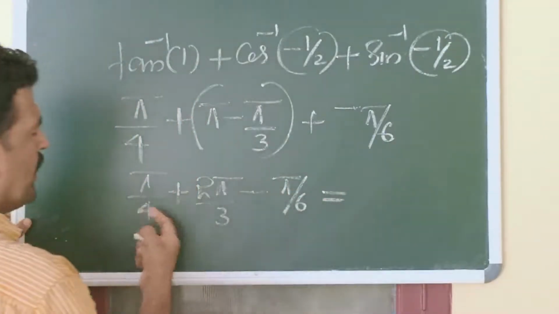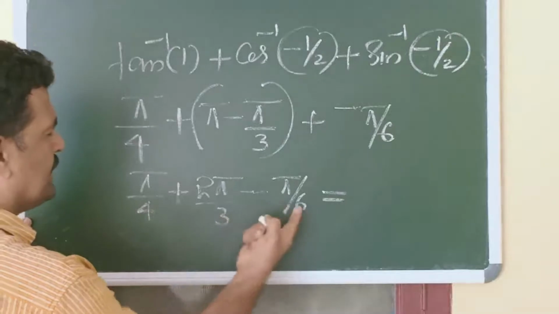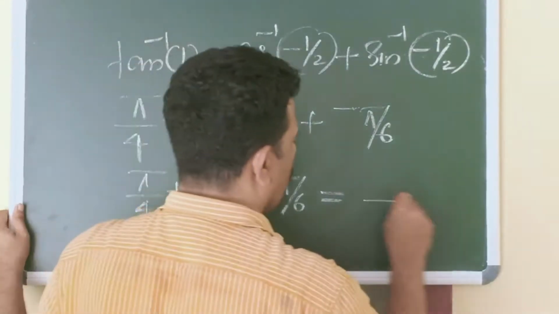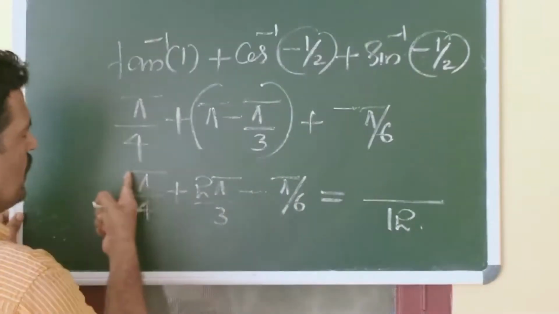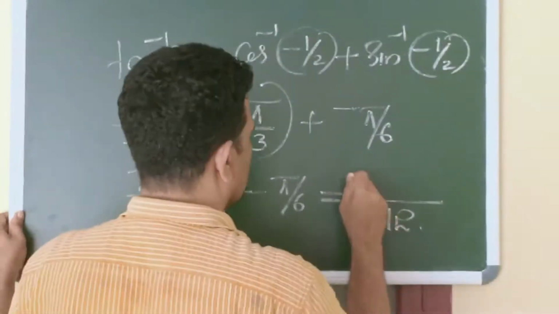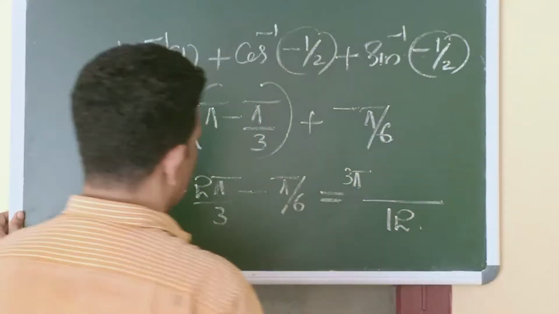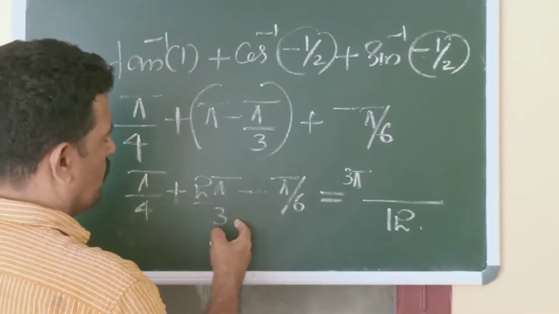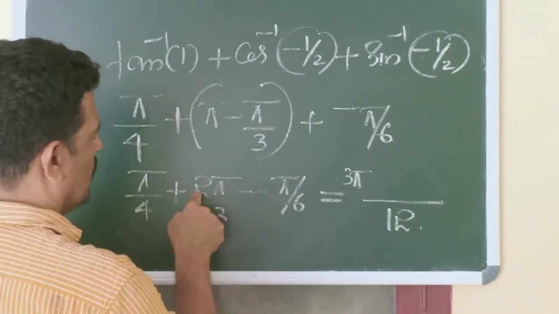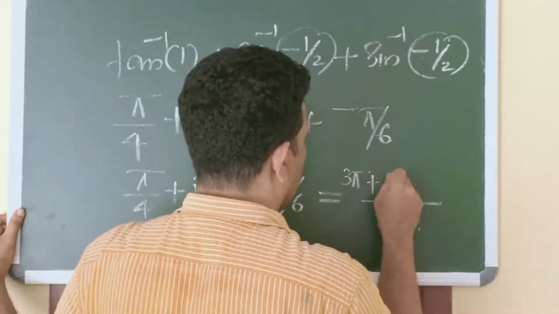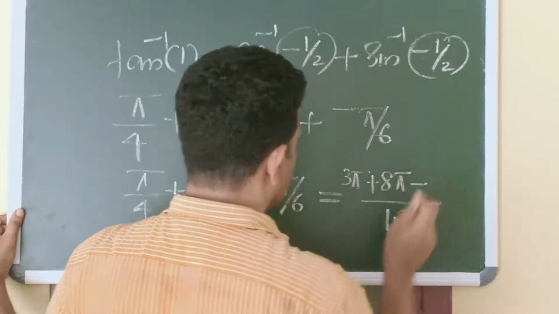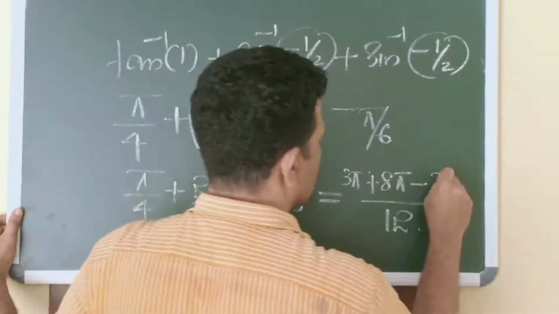Now we have to take a common LCM. Here it is 4, 3 and 6. Therefore we can take 12 as the common LCM. Now to get 12 from 4 we have to multiply by 3. Therefore 3 pi over 12, 2 pi into 4 that is 8 pi, minus 2 pi.